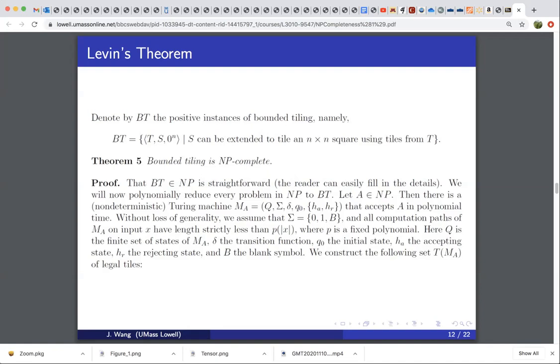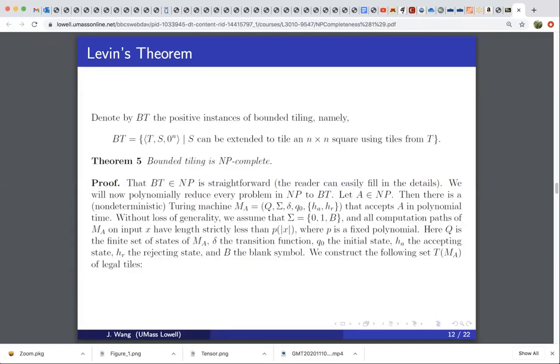And such that, now this is important, such that I can duplicate tiles to cover the entire n by n square only when the computation history ends at an accept state. If it ends at a reject state, then you cannot extend your existing tiles to cover the entire square.